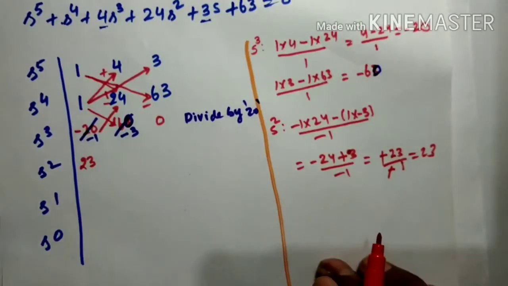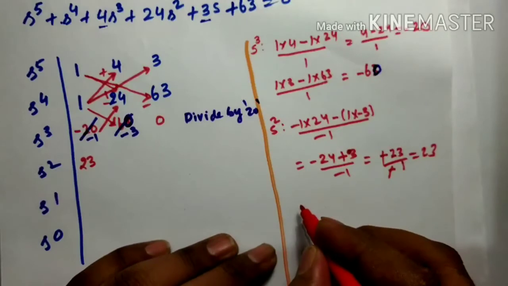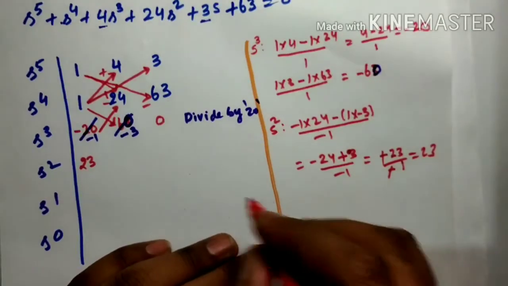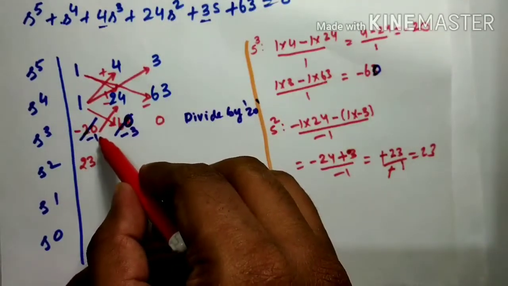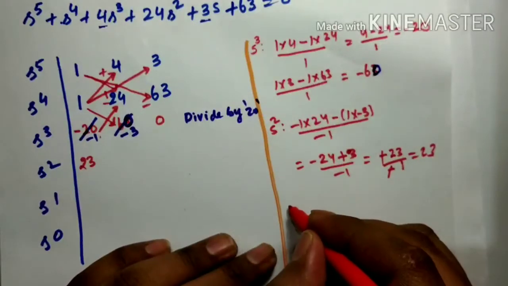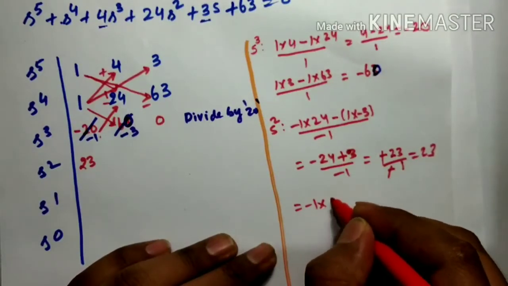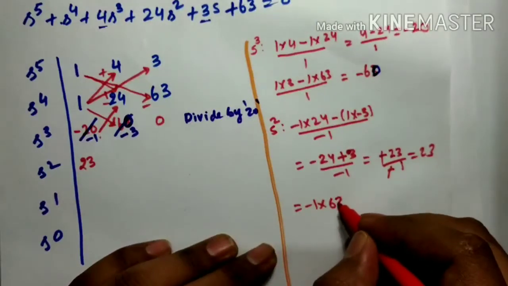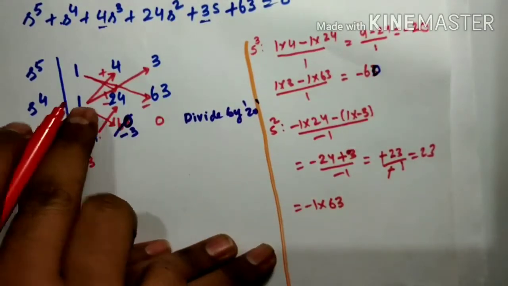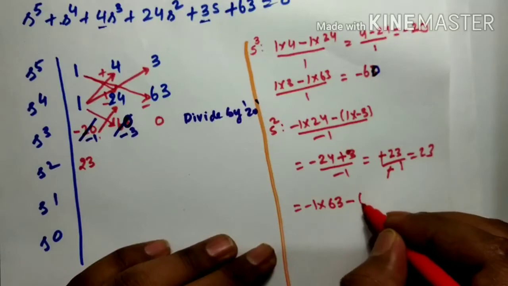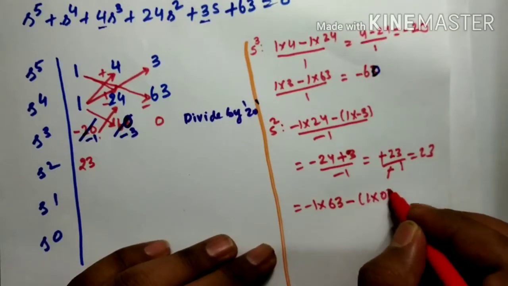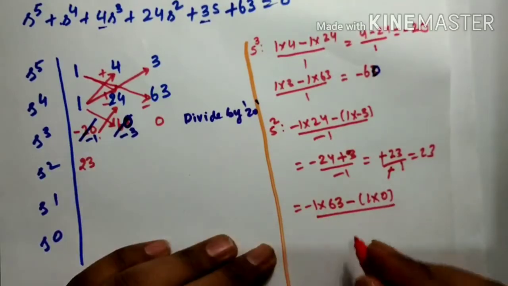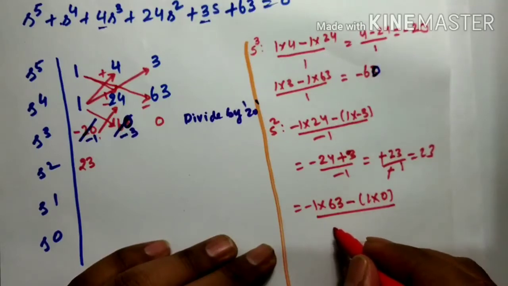So what is the next value? We have to find minus 1 into 63. Minus is already there, so 1 into 0, divided by minus 1.